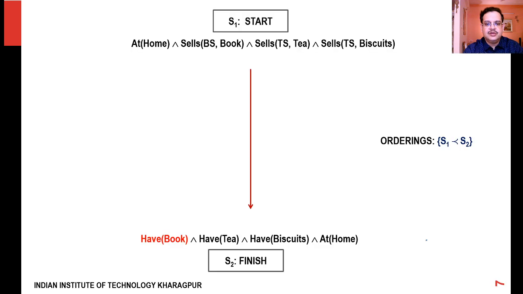So let's look at this. Let's say that we start by choosing this have book, this one, as the sub goal which has not yet been fulfilled. There are others, by the way. So for example, this is also a sub goal which has not been fulfilled, this is also a sub goal, this is also a sub goal. These are pending sub goals. So we start with one of them. So let's say that we start with have book.